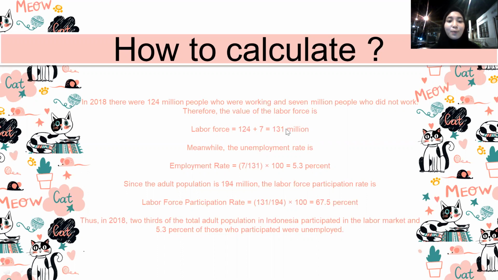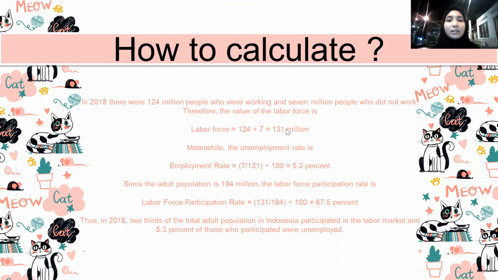Since the adult population is 194 million, the labor force participation rate is 131 divided by 194, and after that we multiply by 100, and we got 67.5%.